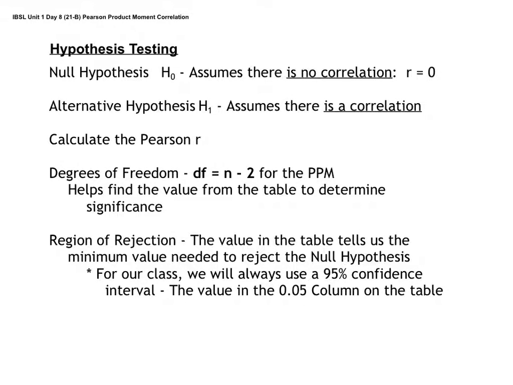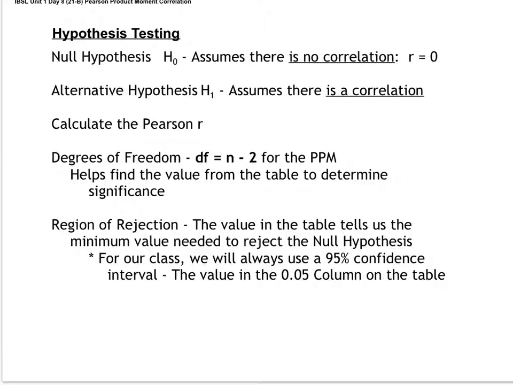Okay? Then you're going to state an alternative hypothesis. The alternative is the opposite. Okay? It's pretty easy. The alternative to there being no correlation is that there is correlation. And when we talk about correlation here, we're talking about statistically significant.